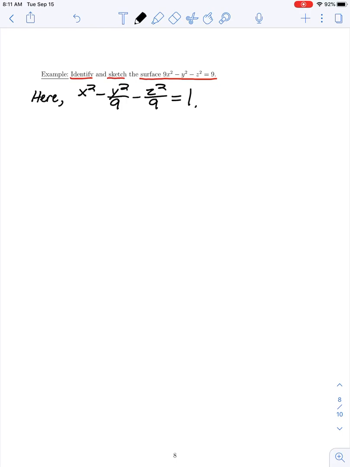So here I have a quadratic in terms of x, y, and z, where all of my terms are squared, and then two of these terms have negative coefficients. So reviewing the different types of surfaces that we had discussed, this is a hyperboloid of two sheets.